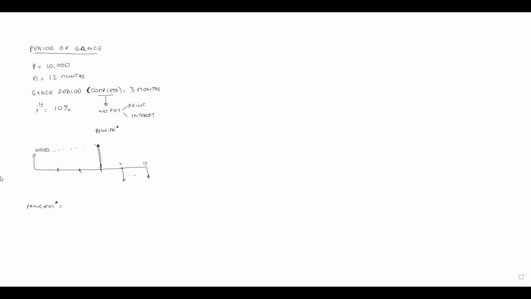Okay, guys, so what is the principal? How do I compute the principal? Come on, this is a future value for 3 months, that's all. So it should be equal to $10,000 times 1.10. Do you agree? To the power of what? Because this rate here corresponds to how many periods?